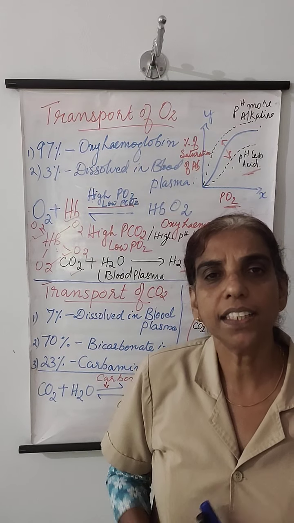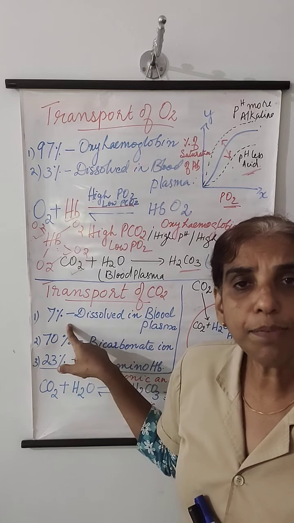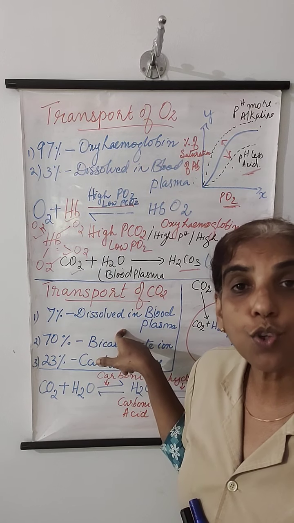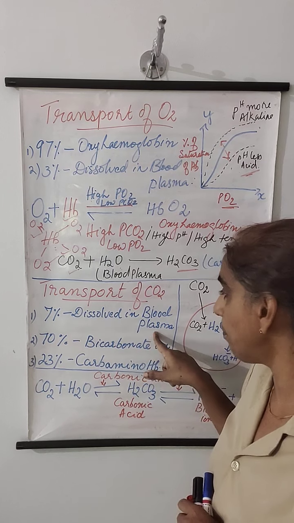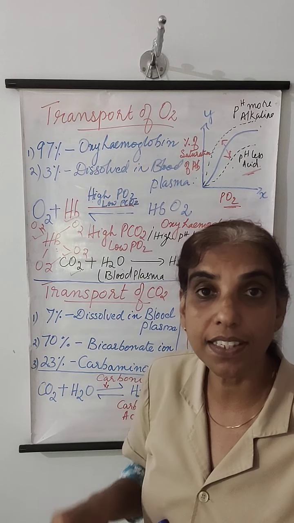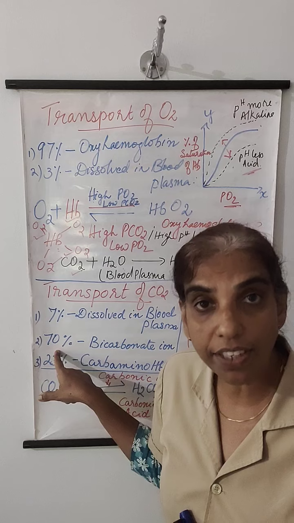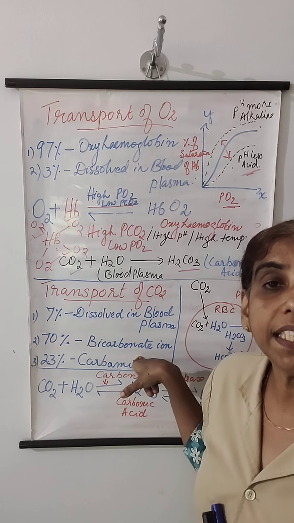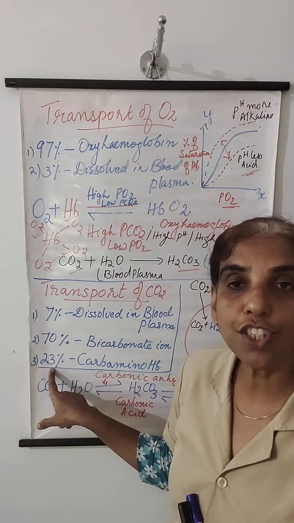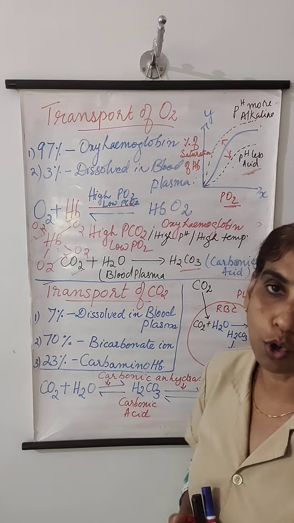Now let us see how carbon dioxide gets transported. 7% of carbon dioxide is in the same way dissolving in water present in blood plasma, because water has a high dissolving capacity for carbon dioxide, and the majority, 70%, is by the formation of bicarbonate ions, and the rest 23% is by carbaminohemoglobin.